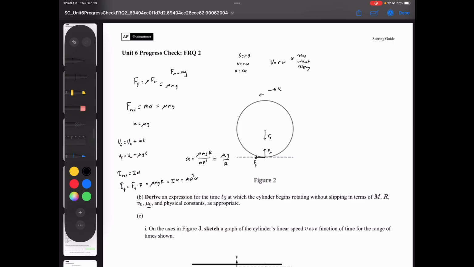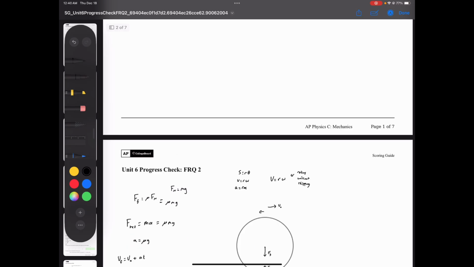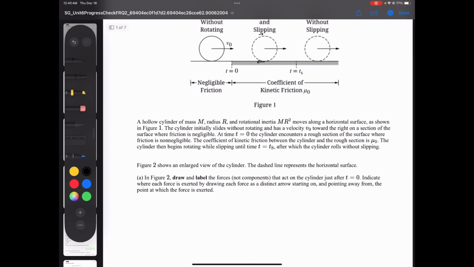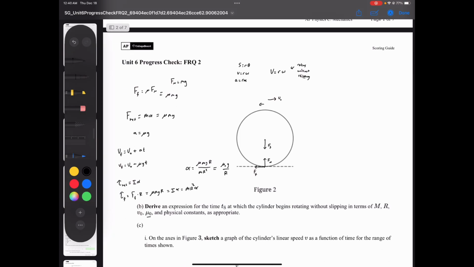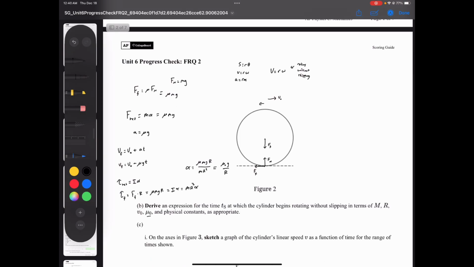So I have an expression for alpha, I have an expression for the acceleration, and now I need to combine these two ideas. My expression for v is for when it reaches that point where it's rolling without slipping. And for omega, I'm going to use the same kinematic equation, except the rotational version: omega f is equal to omega naught plus alpha t.